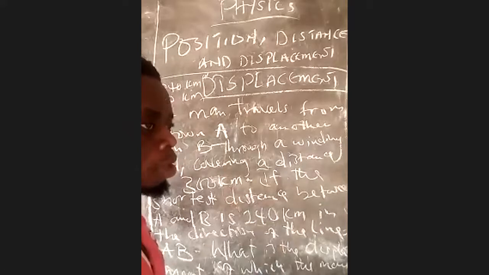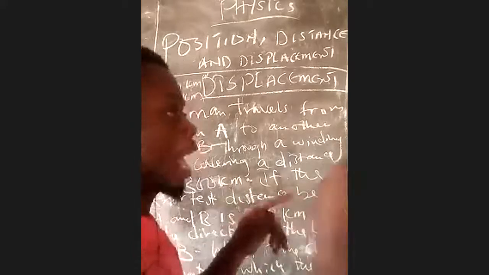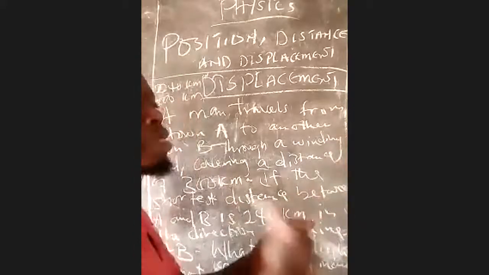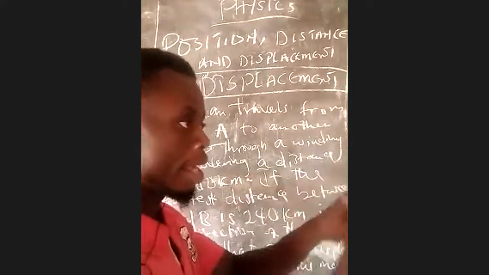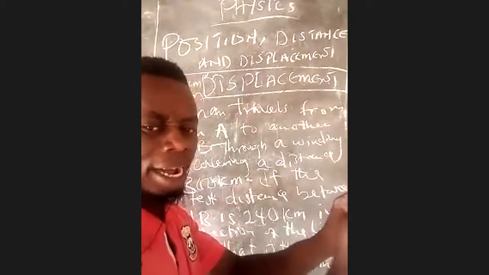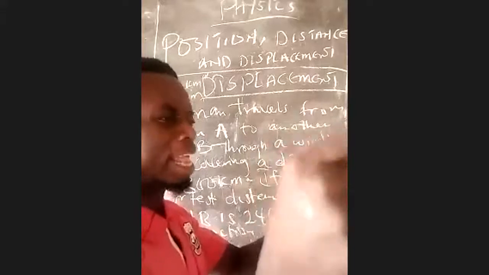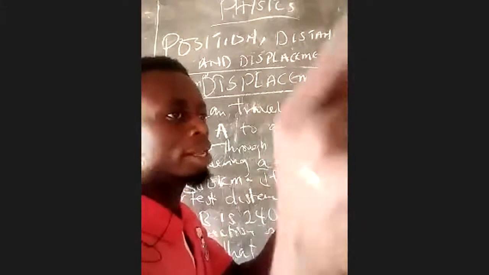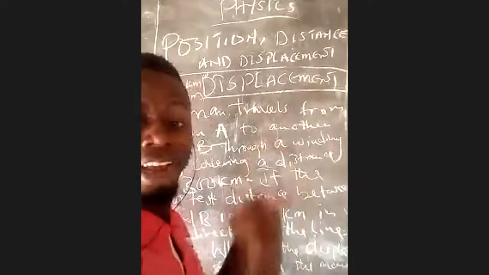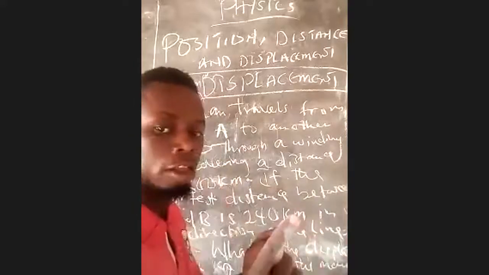And this can also be distance in this sense. In the case whereby the man traveled 300 kilometers to town B and then moved from town B to the west, to town C, another 20 kilometers, then 20 kilometers plus 300 kilometers will be 320 kilometers. In that essence, it is distance, not displacement.